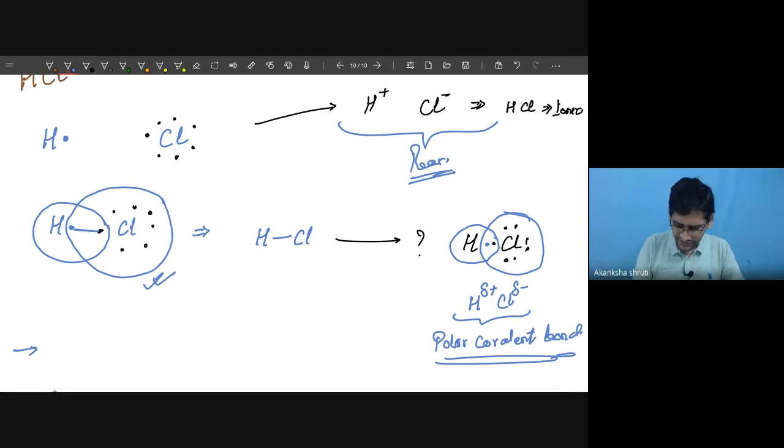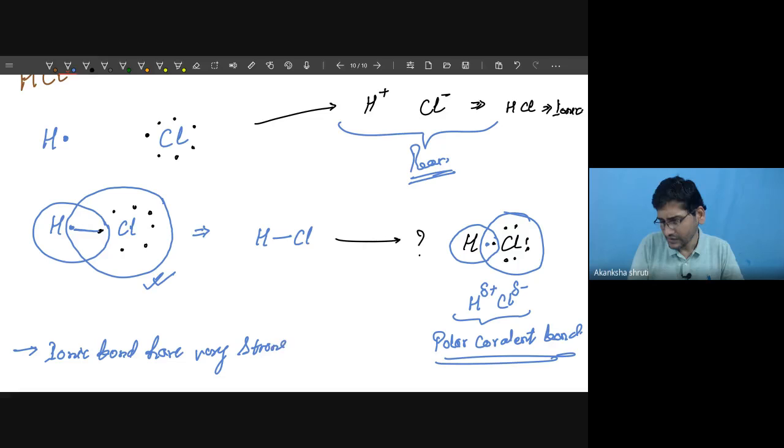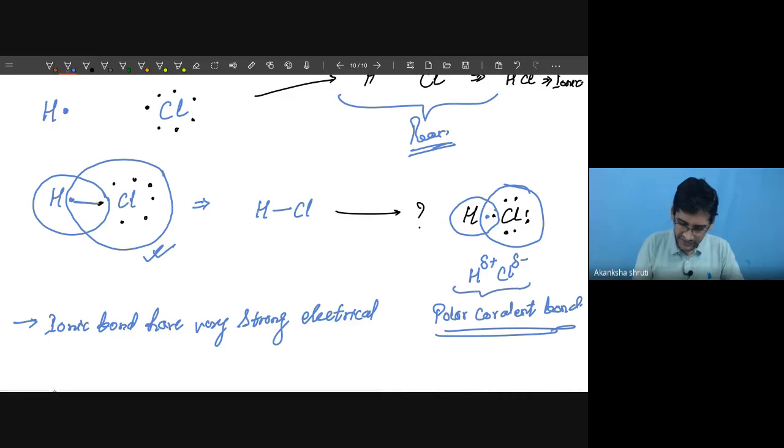Ionic bond has a very strong electrostatic force of attraction. Electrical is not that correct a term, the better one is electrostatic force of attraction.